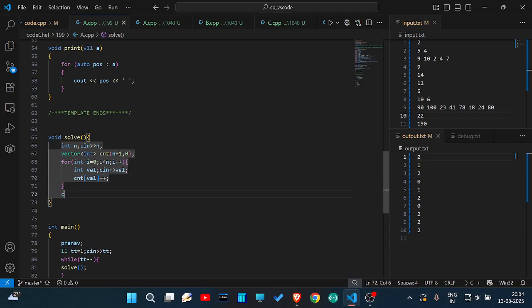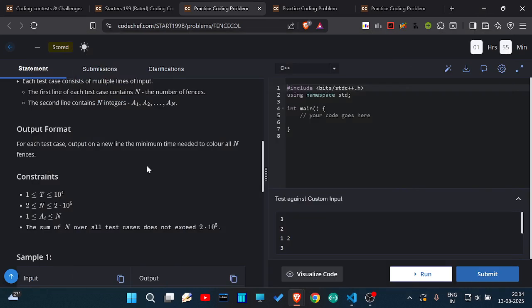Increment it and, oh, we have the max element.